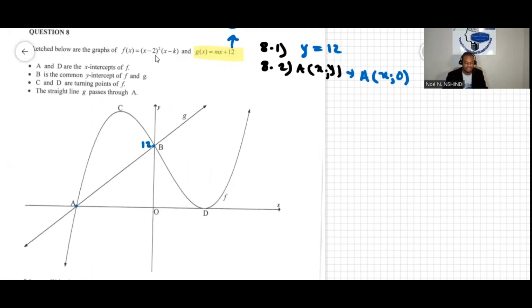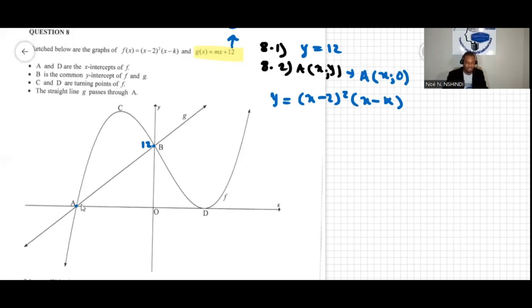Over here with f, I have 1 unknown, so it's going to be easier to work out f of x. So y is equal to x minus 2 to the power of 2 times x minus k.